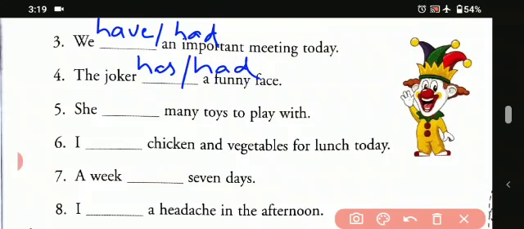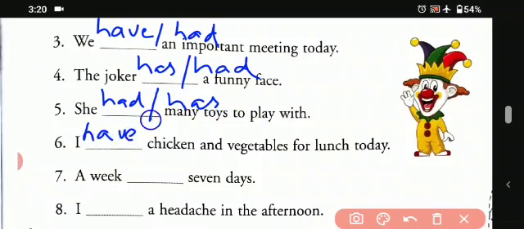Okay. Then the fifth one. She dash many toys to play with. So she had many toys to play with and she has many toys to play with. Then the sixth one. I have chicken and vegetables for lunch today. Okay.